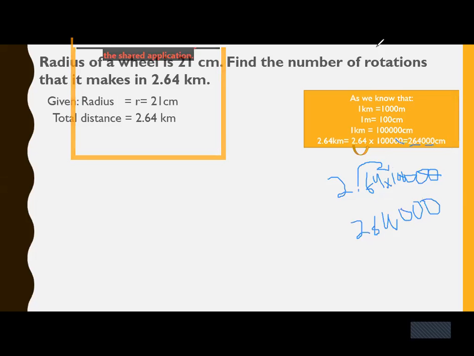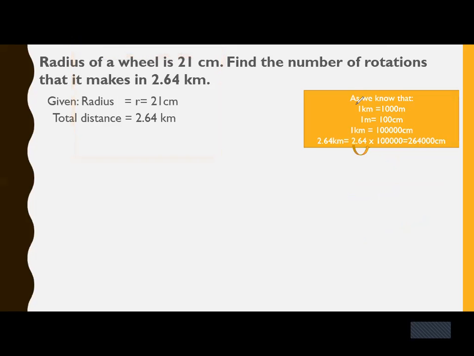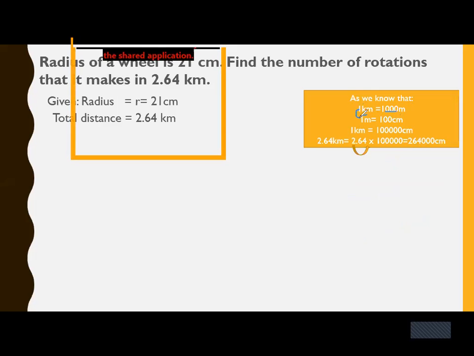264,000 centimeters. Is it clear, students? How can we convert kilometers into centimeters? First, 1 kilo is equal to 1000 meters, and 1 meter is equal to 100 centimeters. So 1 kilometer is equal to 1 lakh centimeters.